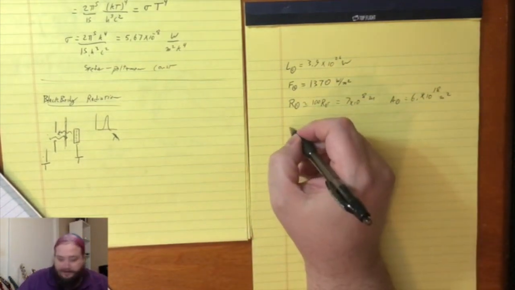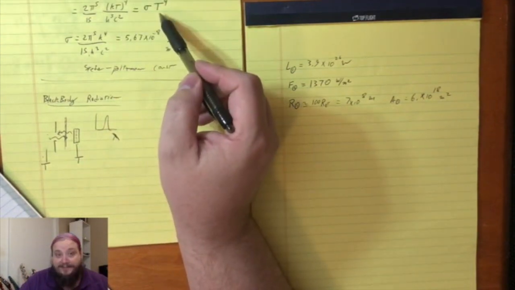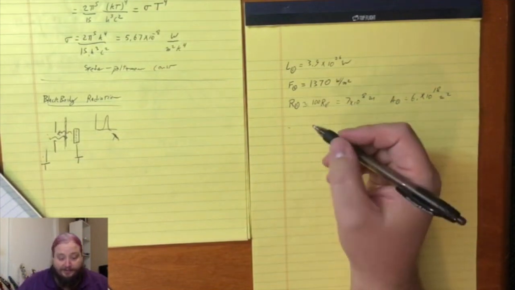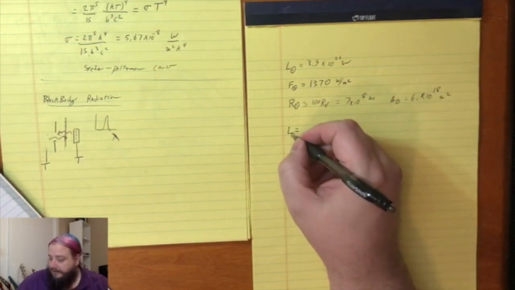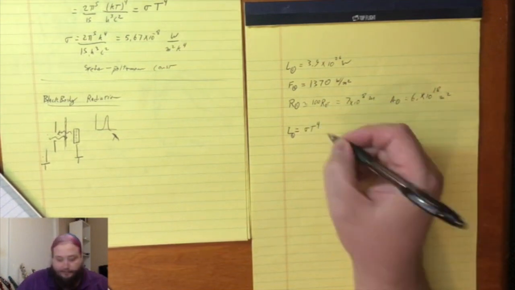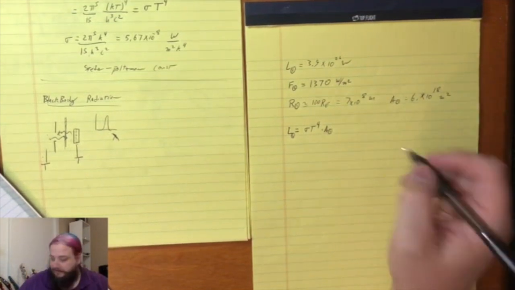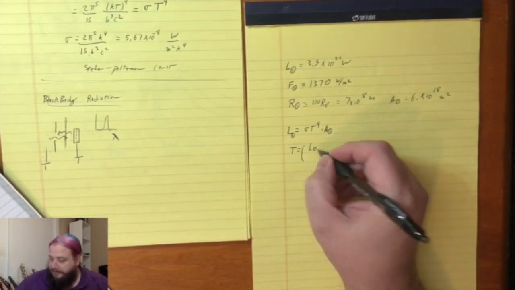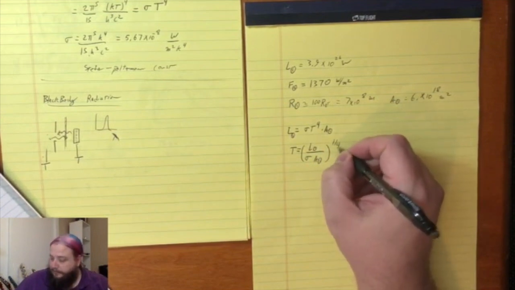And so if you take our power per unit area, sigma T to the 4th, and multiply it by the surface area of the sun, then the luminosity of the sun is this power per unit area, sigma T to the fourth, times the area of the sun. If we solve that for the temperature, T is L sun over sigma times the area of the sun, to the one-fourth power.